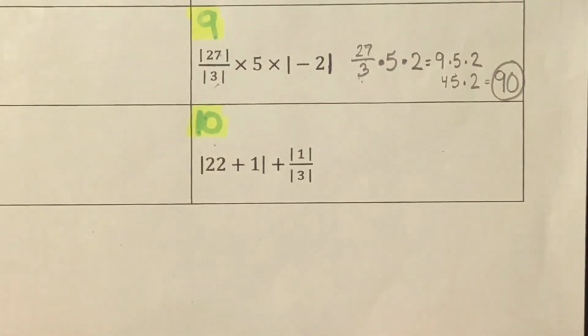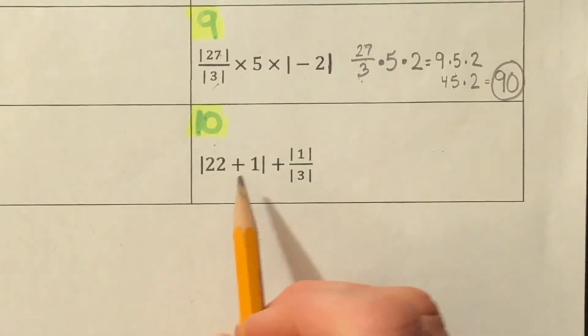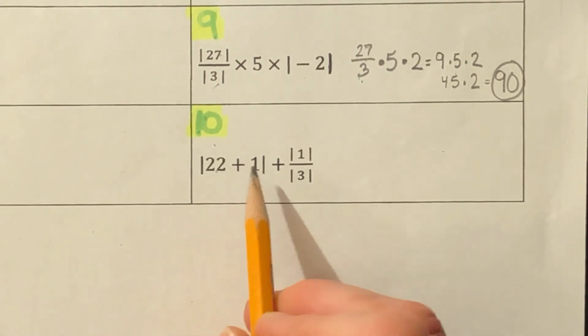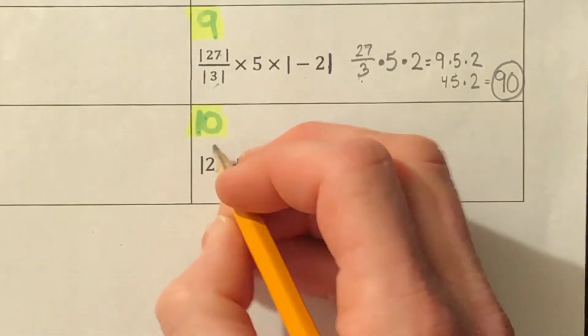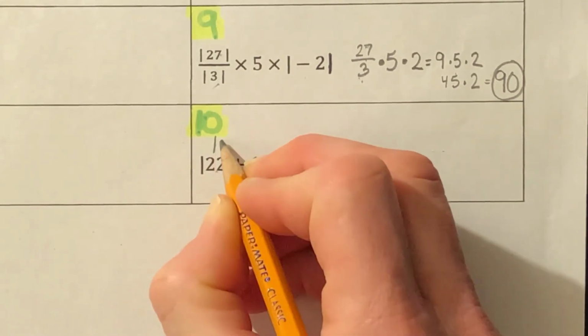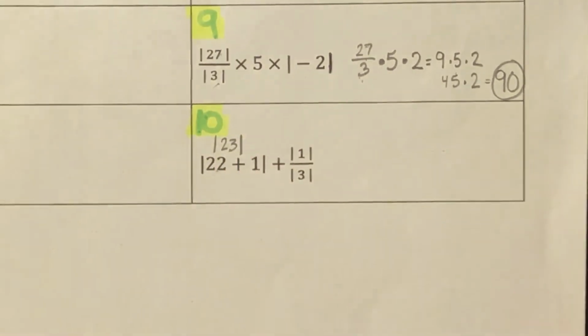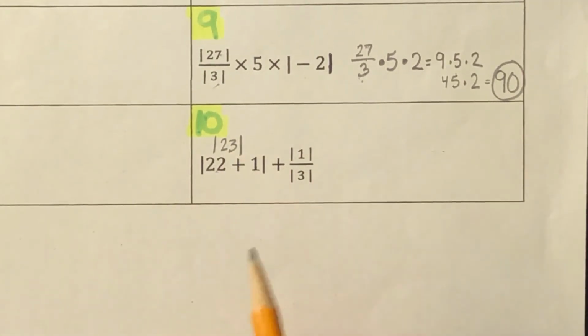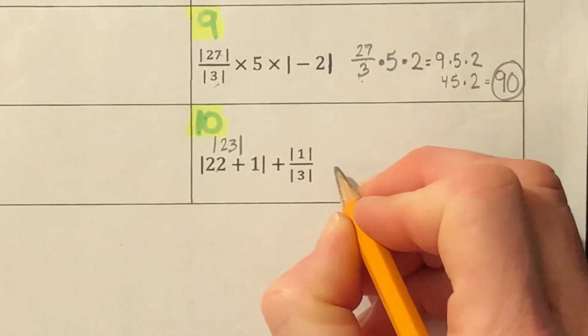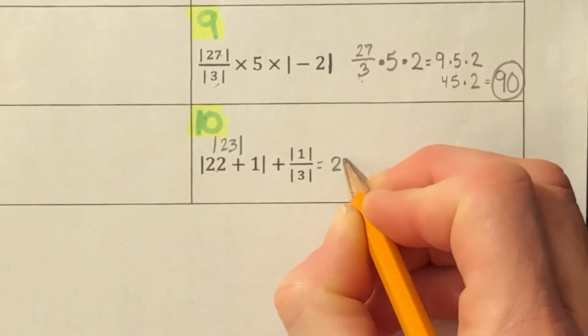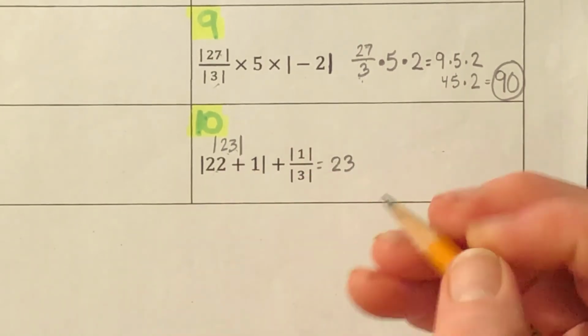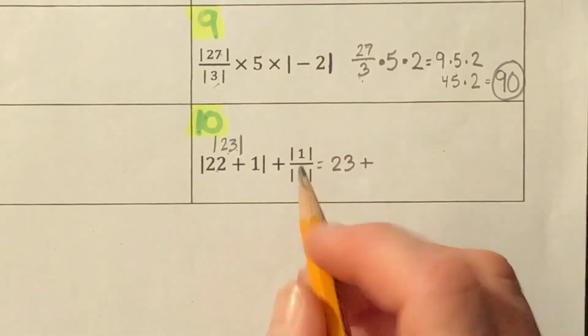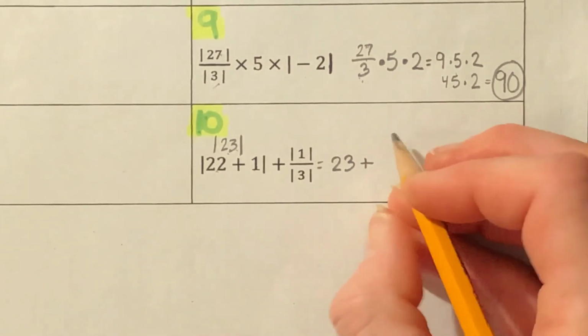On to number 10. The absolute value of 22 plus 1 is going to be the absolute value of 23. Let me rewrite everything now and get rid of the absolute value bars. We're left with 23, because that's positive, plus the absolute value of 1 is 1.